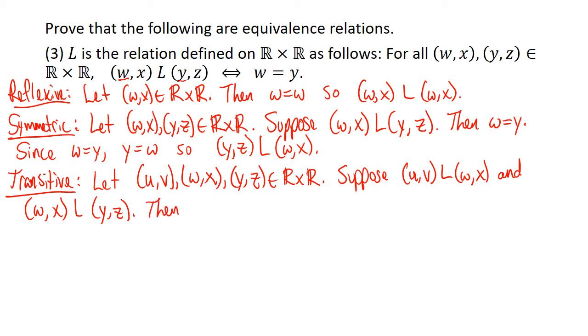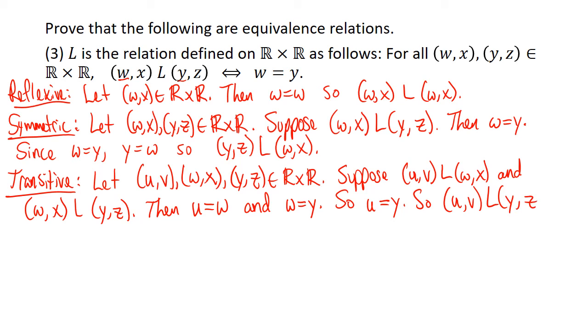So then what do I have? (u, v) is related to (w, x), that means that u has to equal w, and (w, x) is related to (y, z), so that means that w has to equal y. Then I can use the transitive property of equality to say that u must equal y. So from there I can say that (u, v) is related to (y, z), which is what I need for transitivity. So actually this one was the easiest one, even though it's a little bit complicated with the ordered pairs.